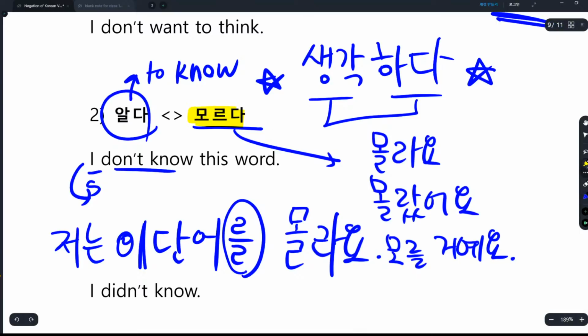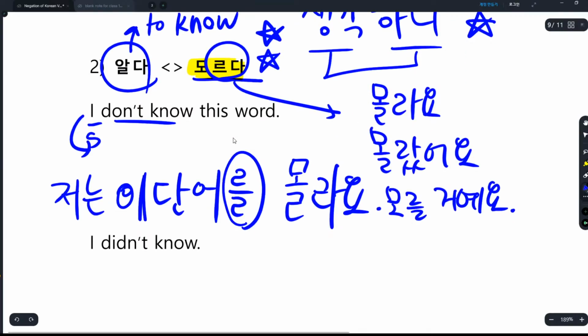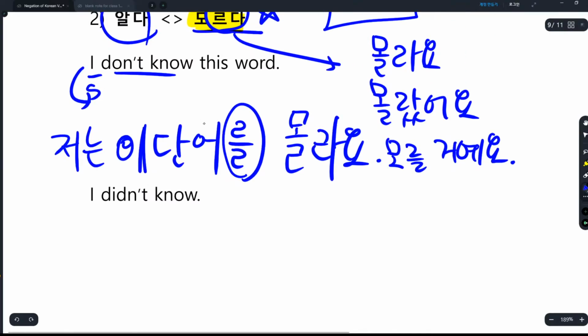But 모르다 is one of the irregular verbs, guys. It's one of the 르다 ending irregular verbs. So I recommend that you check the irregular verb conjugation lesson, which is an essential lesson for beginners. So 모르다's present conjugation is 몰라요. 나는 이 단어를 몰라요. It's not 안 알아요, right?